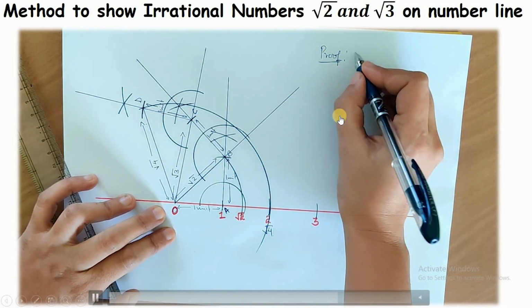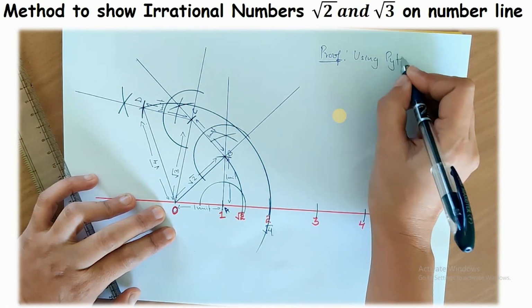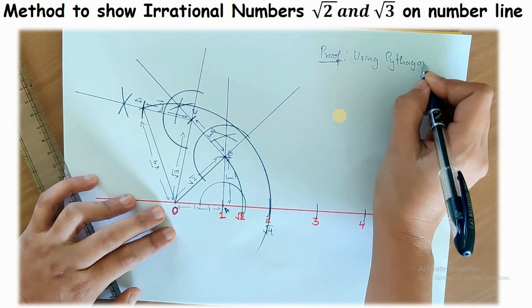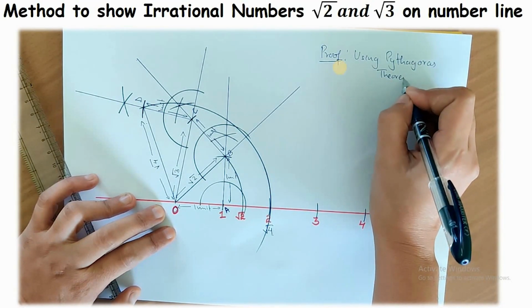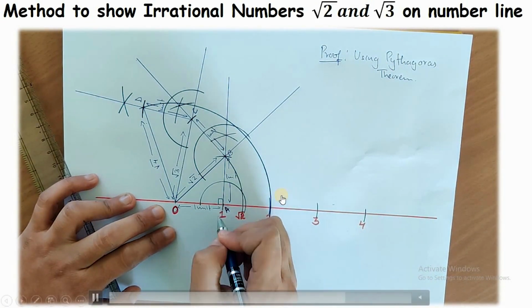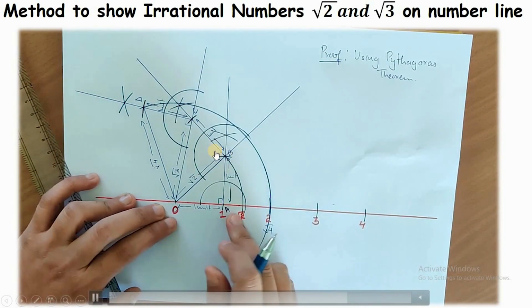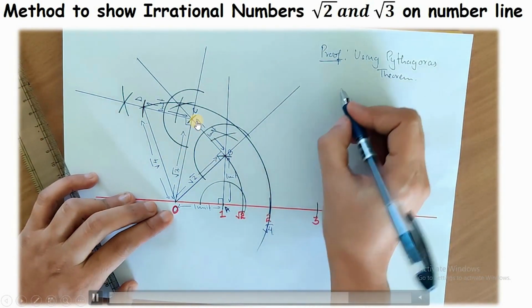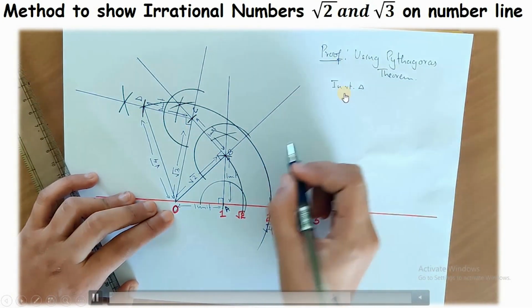To use the Pythagoras theorem, we need to have a right triangle. So here angle OAB is 90 degrees, similarly OBC is 90 degrees and OCD is also 90 degrees. So each triangle is a right triangle.